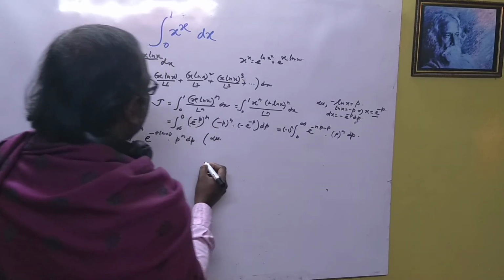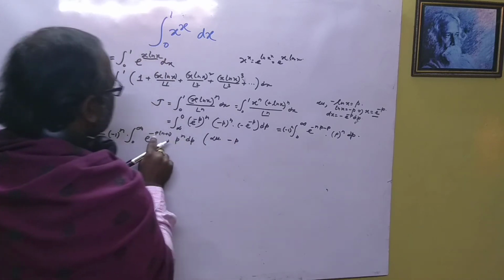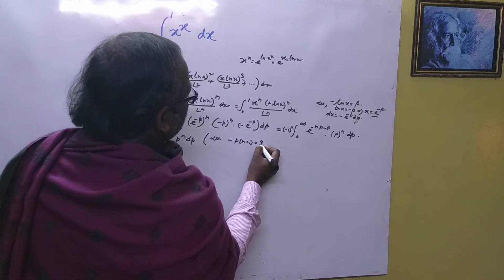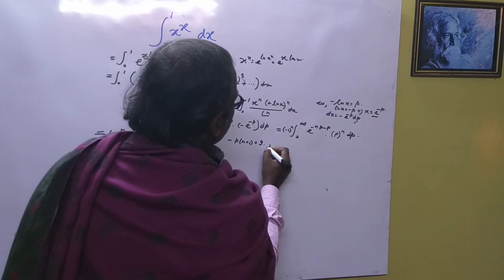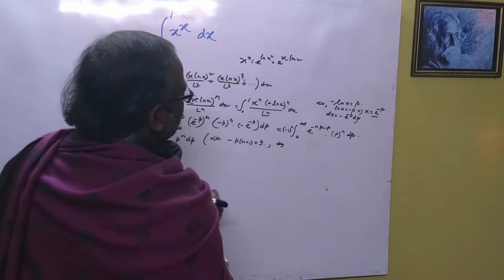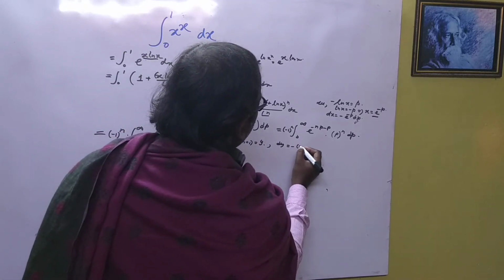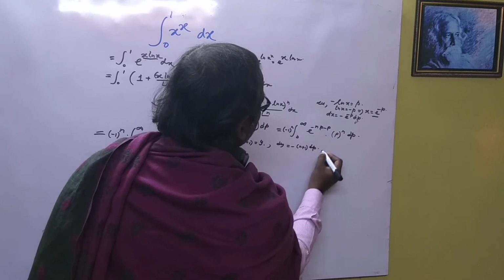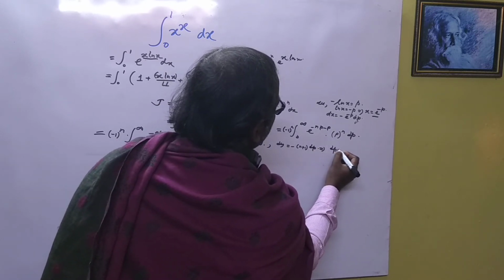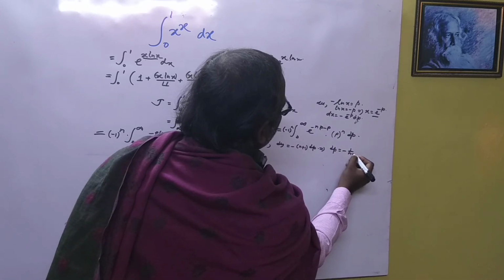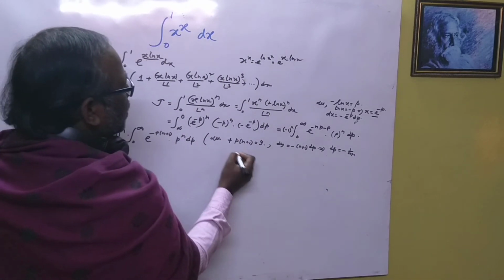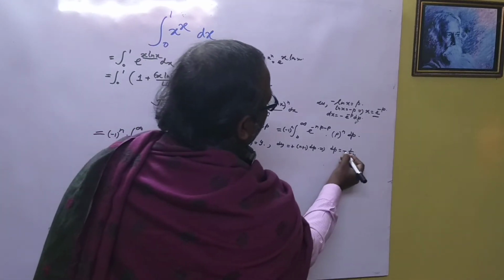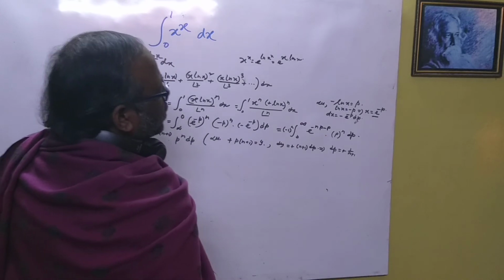Let minus p into (n plus 1) be equal to minus y. Differentiating, dy equals (n plus 1) dp, which implies that dp is equal to dy by (n plus 1). This leads to the gamma function.